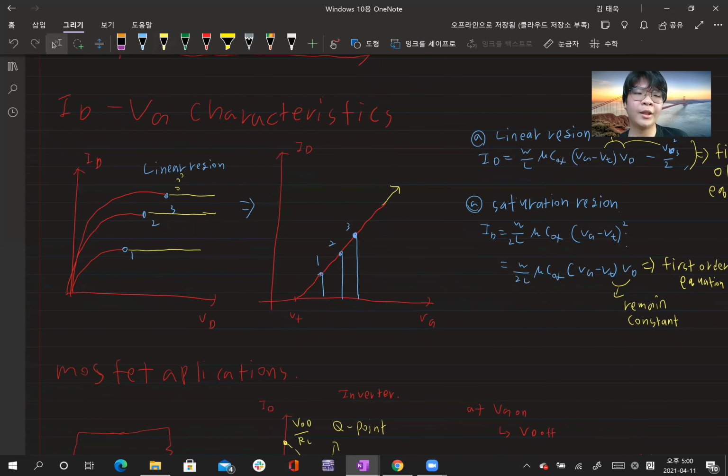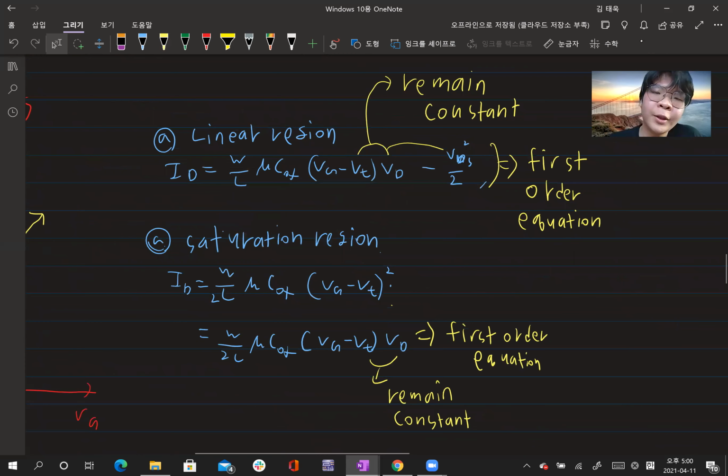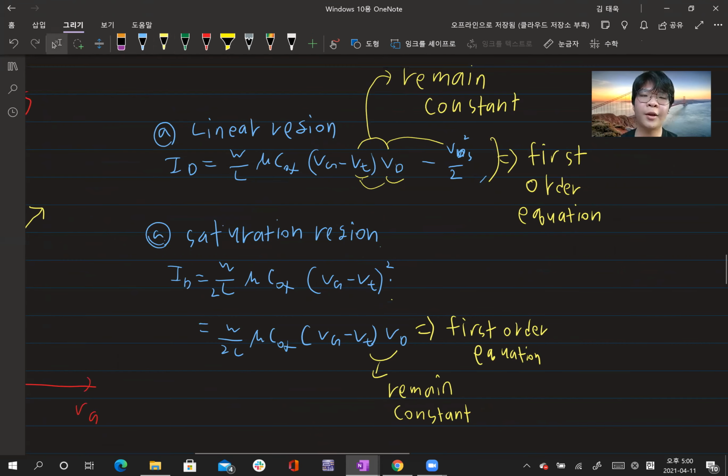In ID-VG, by thinking of the ID-VG characteristics here, the VD and threshold voltage remain constant. And by using this approach, we can think of ID as a first order equation varying with the parameter VG.